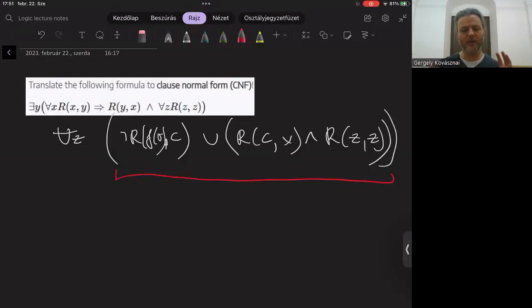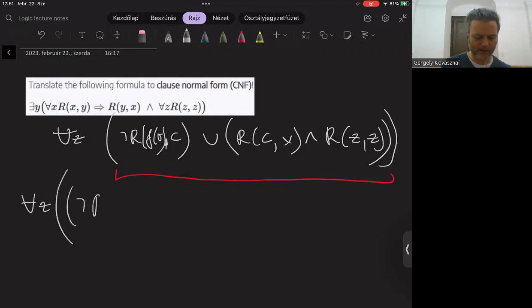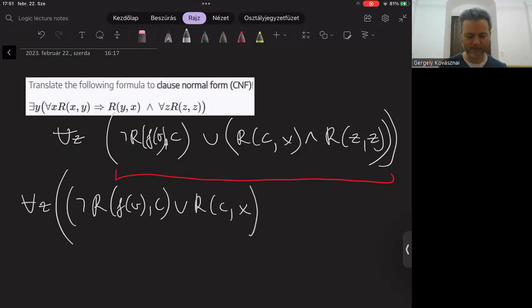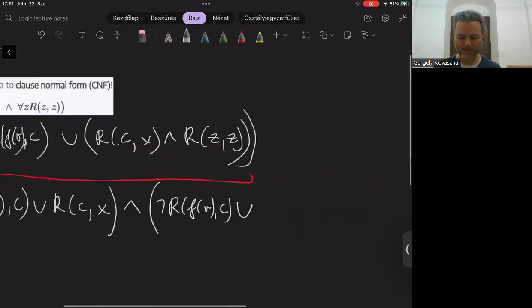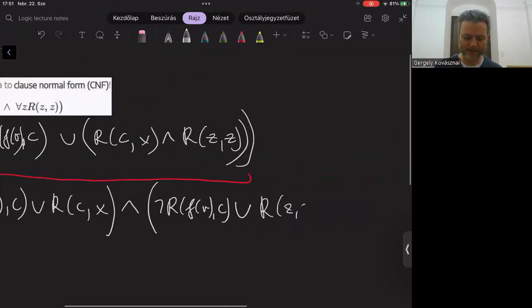We have to apply the law of distributivity, one of the laws of distributivity, and this is why we will get the following formula: for all z, not R(f(v),c) or R(c,x). Actually, this is going to be the first clause, and not R(f(v),c) or R(z,z).